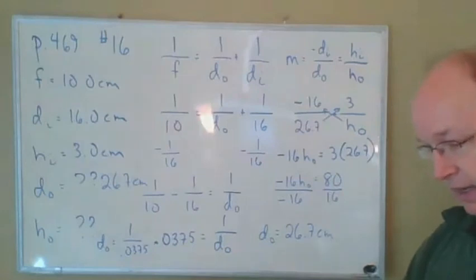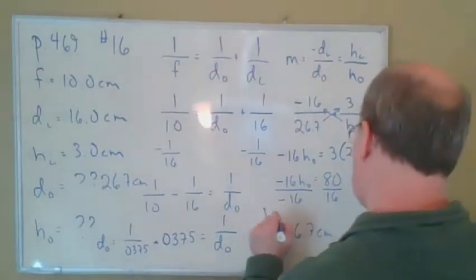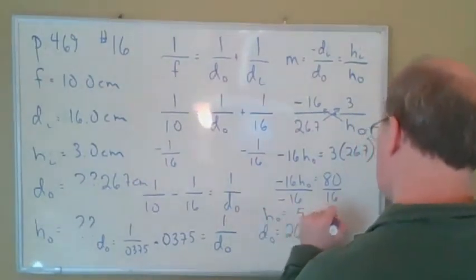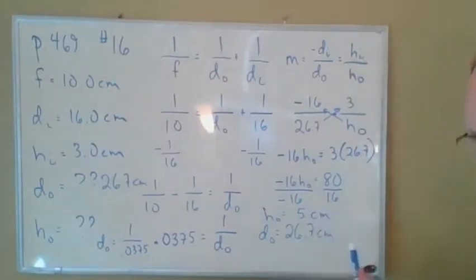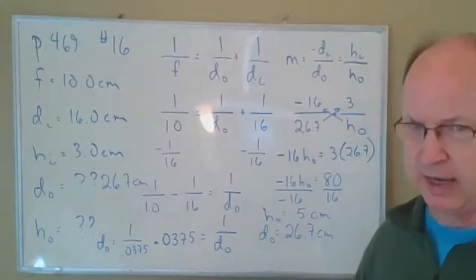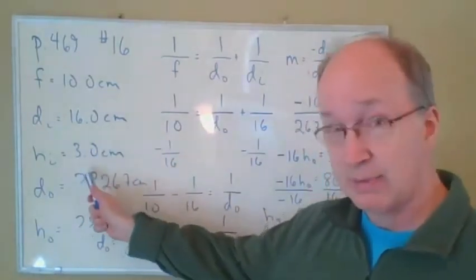And I get 80 divided by 16 equals 5. And the answer is 5. Now, I know what you're thinking. Well, Mr. Morgan, what happened to that negative sign? Where did that go? Well, I want you to remember that what that negative sign means is that the image is upside down.